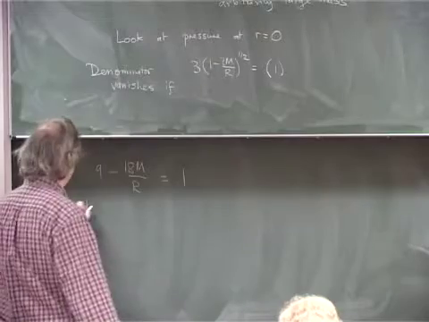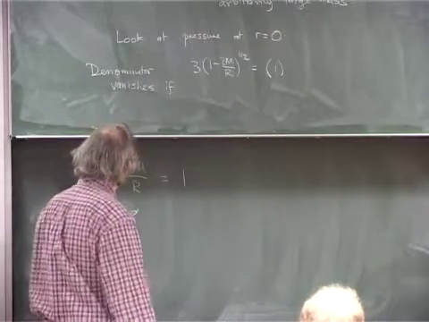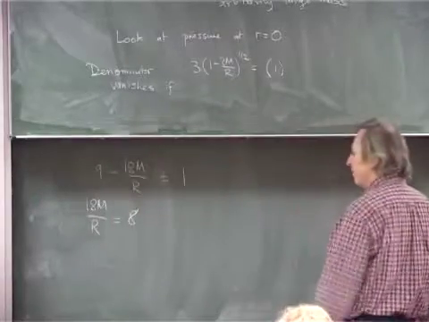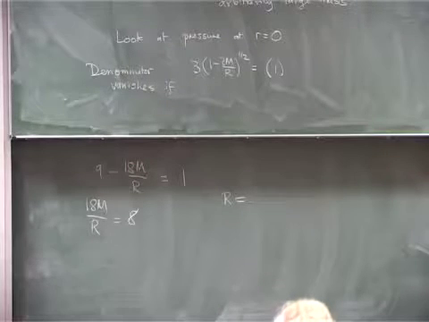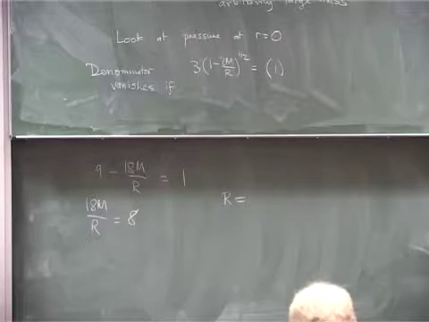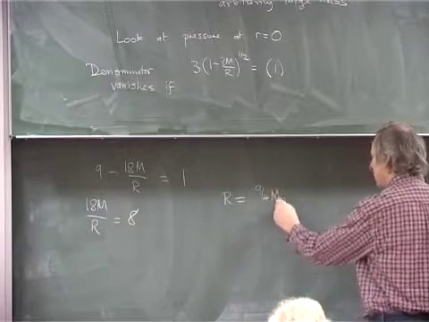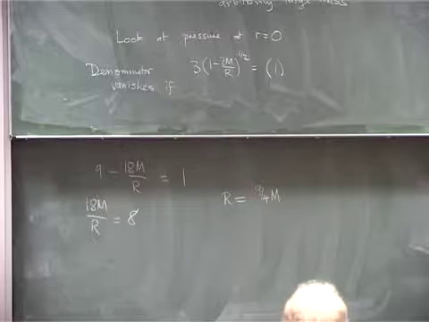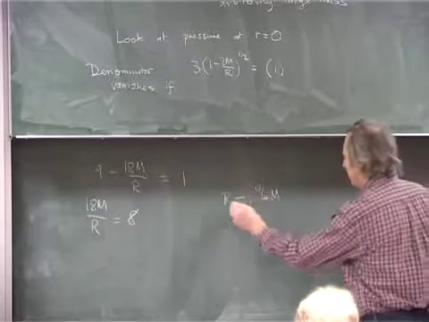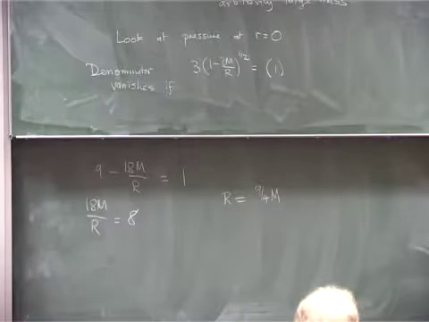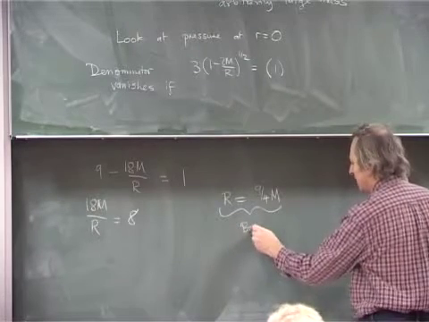In other words, 18m over r is equal to 8, and therefore r is equal to 18 over 8, which sounds to me like 9 over 4. You can't build a star in a given size which has more than that. So this is a bound on a sensible model.